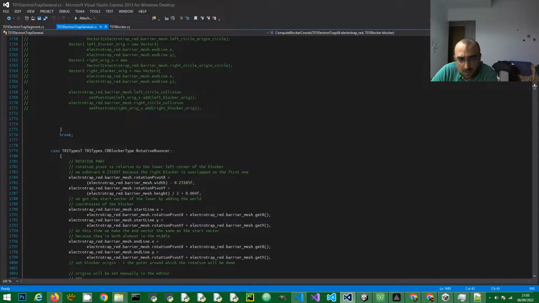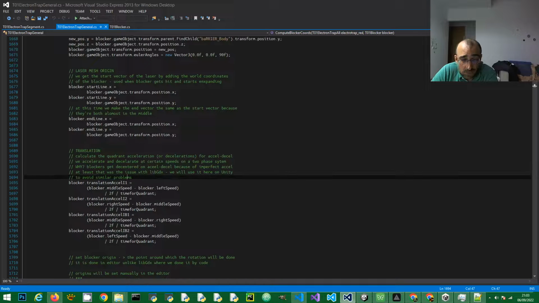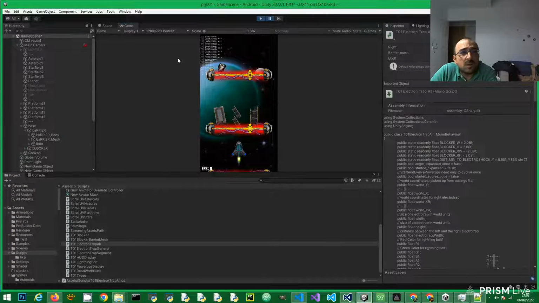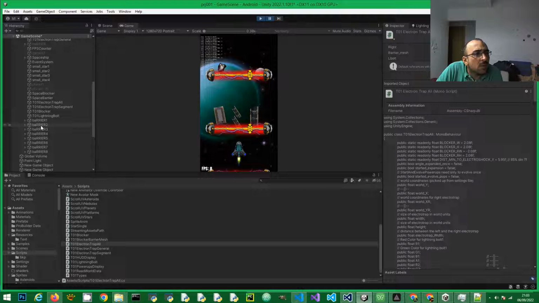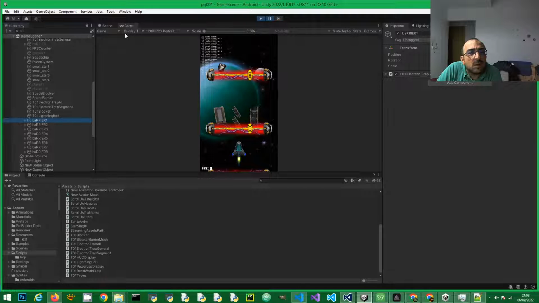So we have the accelerations calculated, and we have our blockers, which we have in the canvas. Let's see if you can see them. Good. So they're right here, each and every one of them.